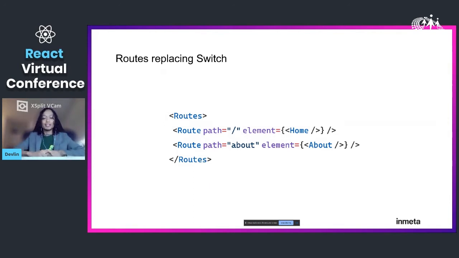Anyway, the automatic route ranking in version 6 defines all routes in one place, meaning you can define your routes in whatever order you'd like, and everything will work as you'd expect. Unlike in version 5, if you have a component or page for not found, you have to put it at the end of your list of routes, right?